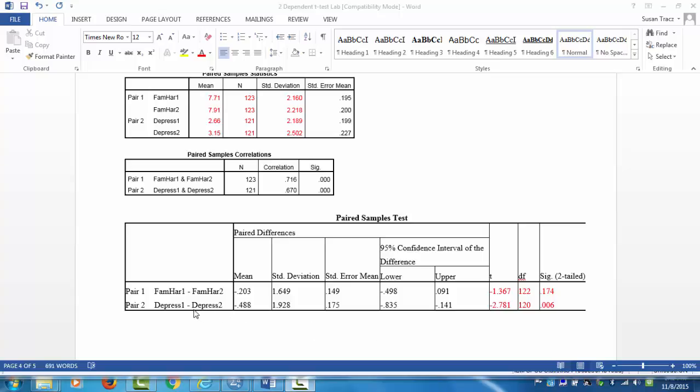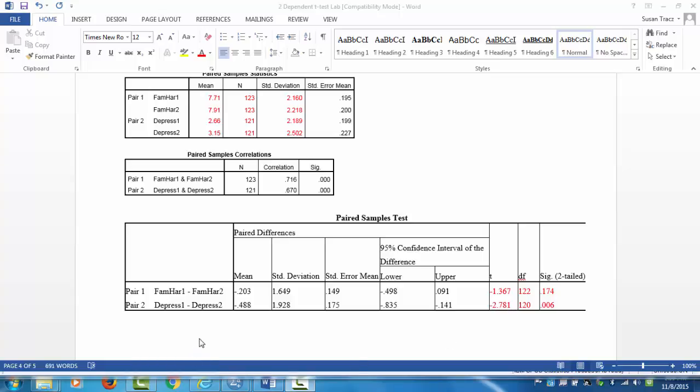Now, we have to remember that the way SPSS calculates this is it puts whatever variable you put in first, in our case the pretest, and then subtracts the post-test. So since our pretest is less than the post-test, the resulting T that we get is a minus, minus 2.781.